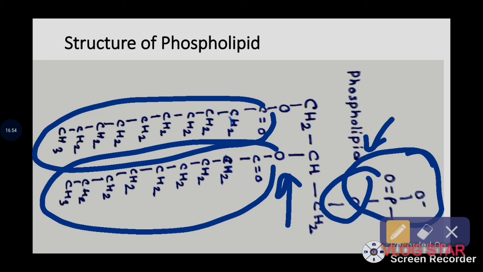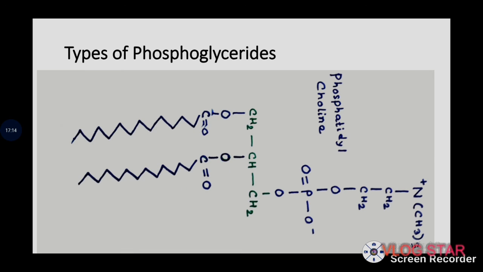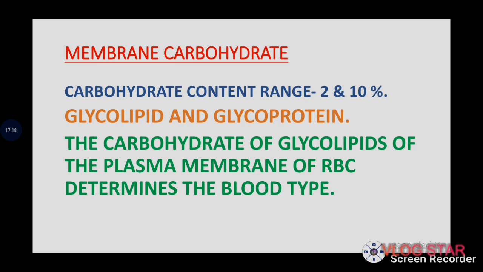So they are called diacyl. Why diacyl? Because two fatty acyl chains are there. Di means two. It is not a triacyl, it is actually a diacyl. So you have to remember this very clearly.